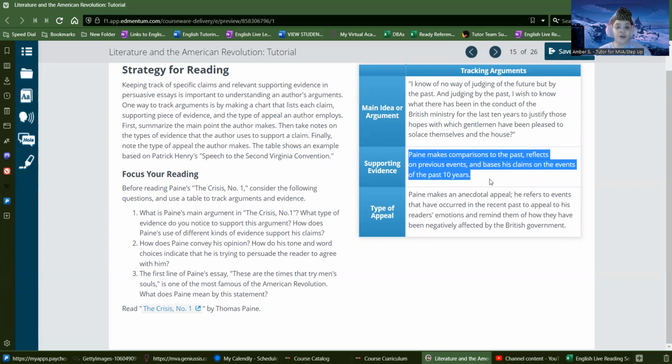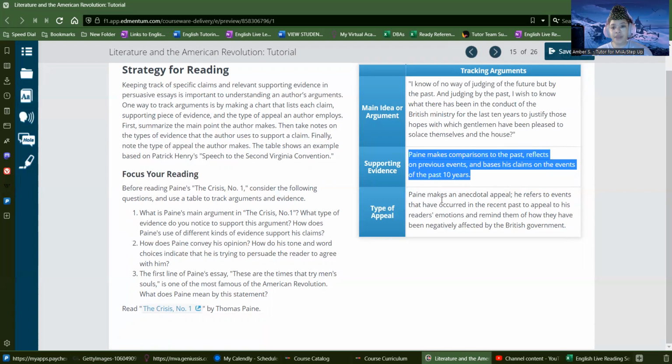So these are things that we know to be true because people have lived through and experienced them. You can't really deny things that have happened that everybody knows happened. So he's saying, look at that. If they were harsh to us before the war started, and they weren't trying to make life easier for us before the war started, why do you have faith that this would happen if we lose the war or if we decide not to fight the British?